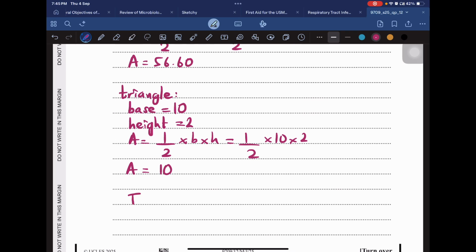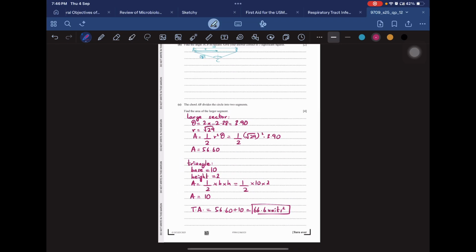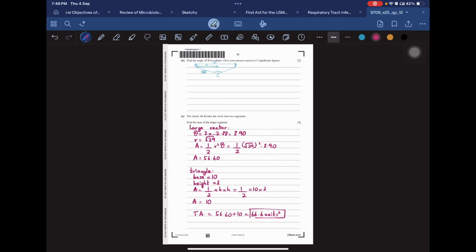So total area will be 56.60 plus 10, which will be equal to 66.6 units squared. I hope this is clear.